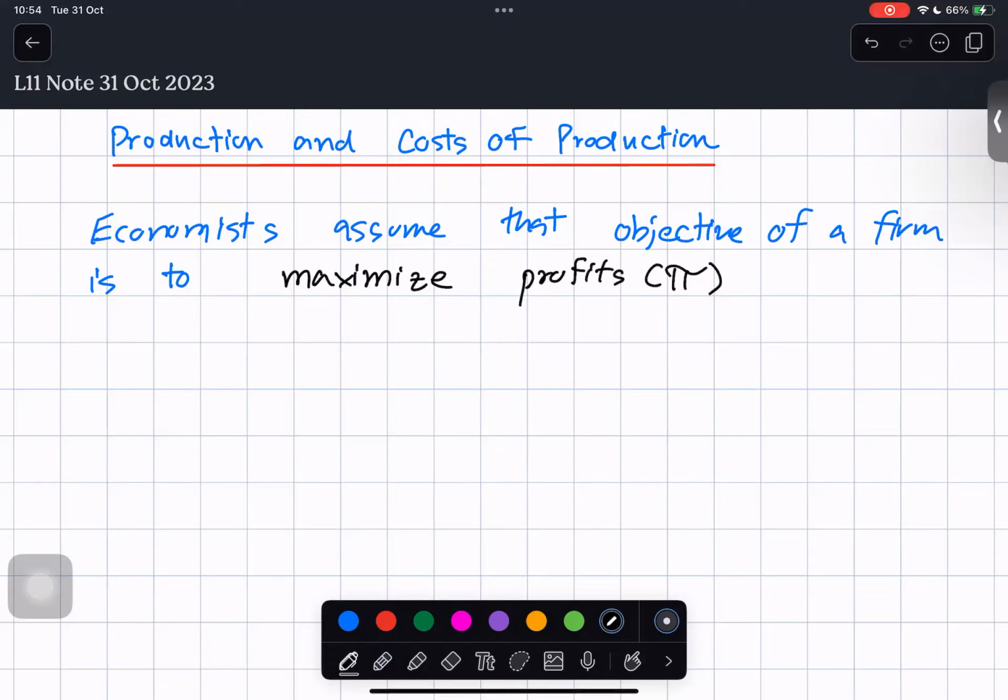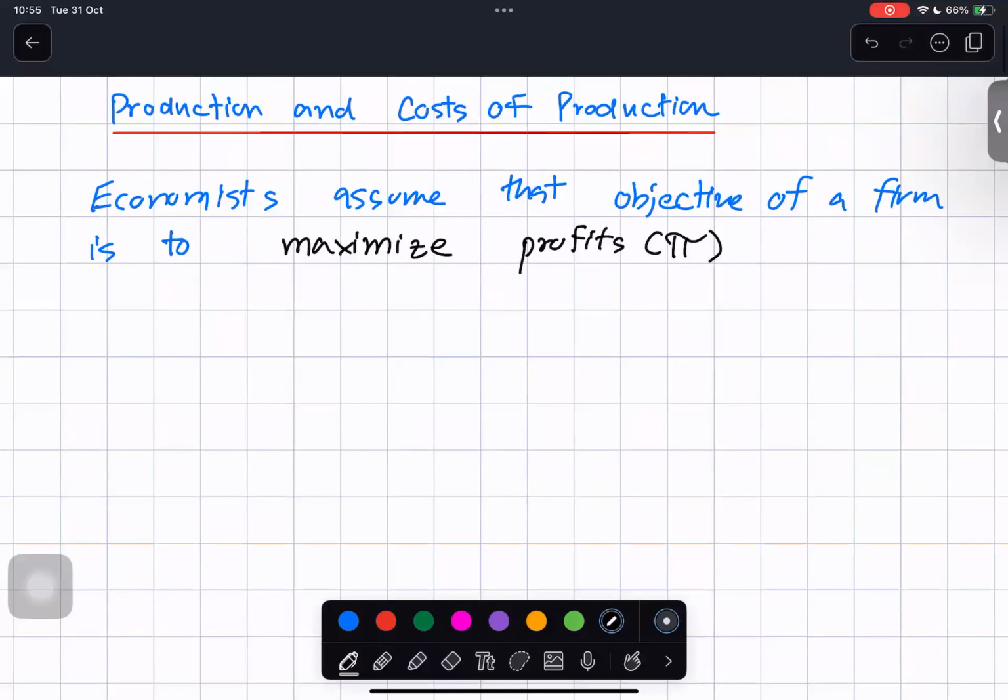And we denote profits with this symbol pi. A firm may have any other objective like maximize sales, maximize revenue, maximize growth. But when we study firms' behavior, we start with this assumption, profit maximizing objective.